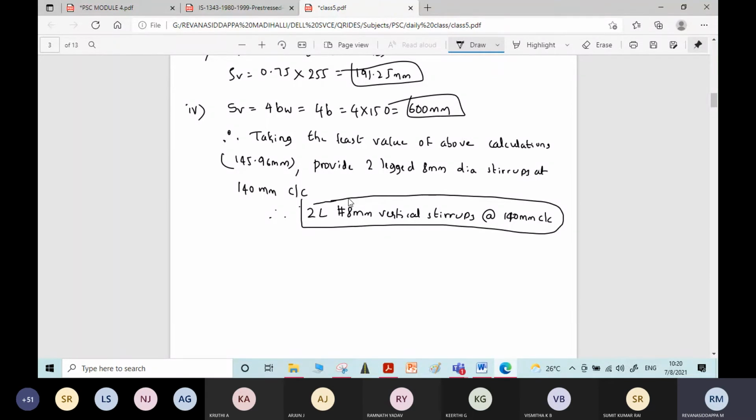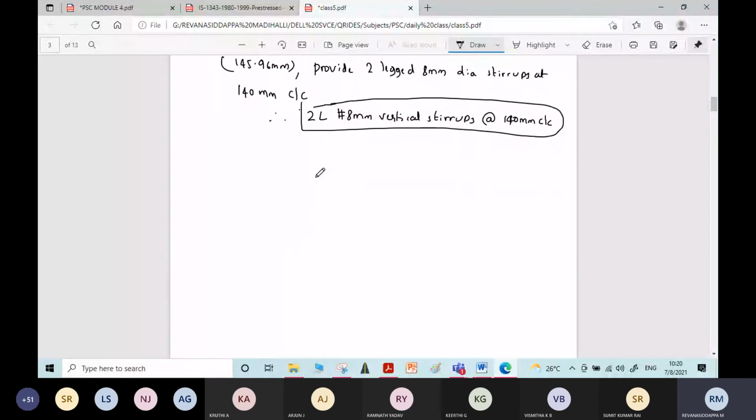Okay. This completes the design, and you need to give detailing also, reinforcement detailing also. You write the figure.